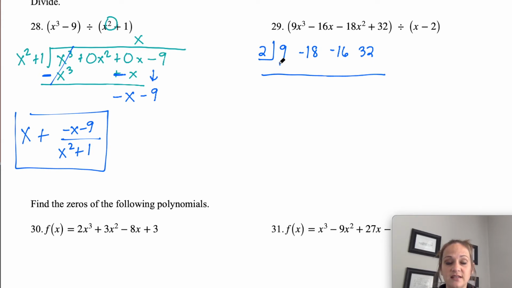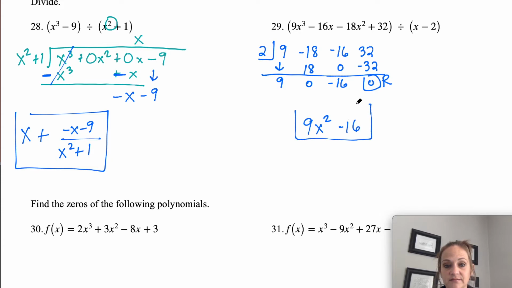So when I use synthetic division, I'll bring down my 9, 18, 0, 0, negative 16, negative 32, and another 0 for the remainder. So my answer when I divide by x minus 2 is going to be this result down here, which is 9x squared minus 16. That 0 represents the x, so you do not put it.